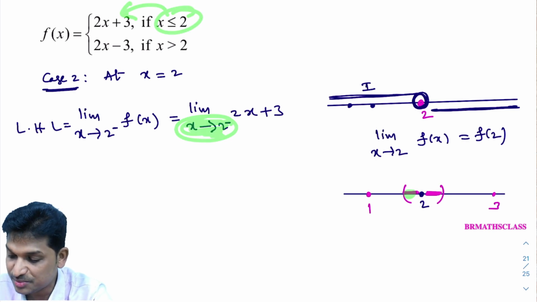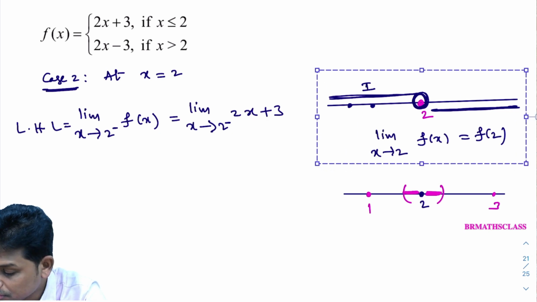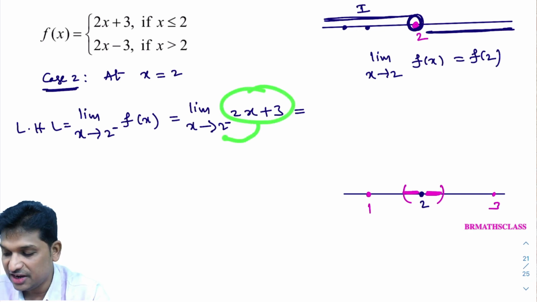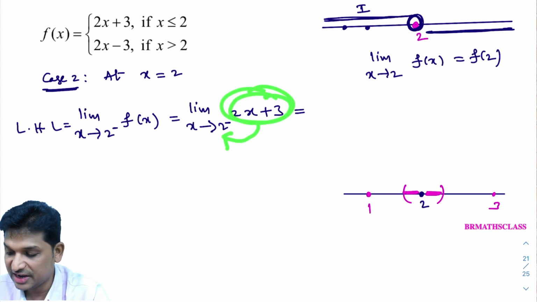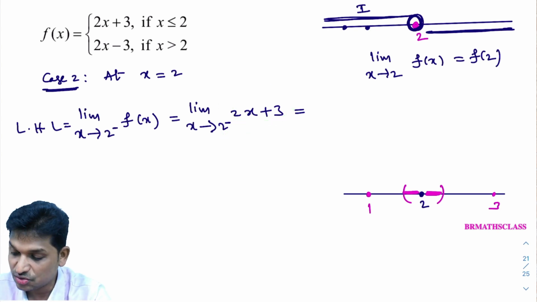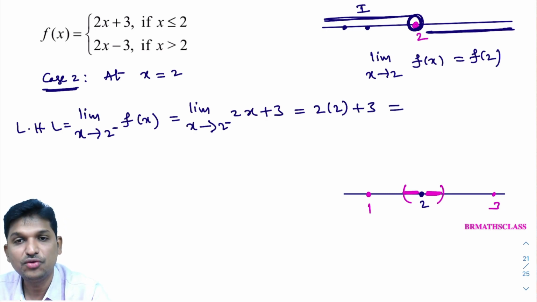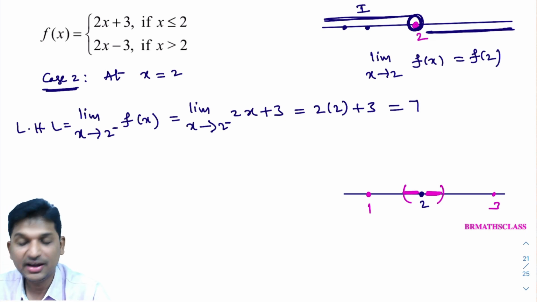We need to choose 2x plus 3. Now, in this function wherever x is there I'll write 2. What will you get? 2 into 2 plus 3. 2 2s are 4, 4 plus 3 is 7. I got it like this.